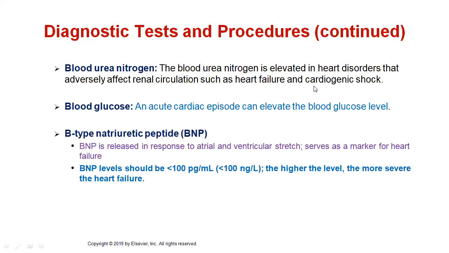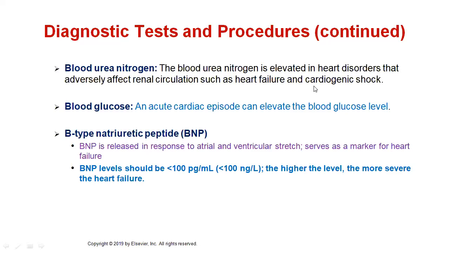Then we have to check the CBC, meaning hematological values like complete blood count, RBC, WBC, hemoglobin, and hematocrit. Then we go for serum electrolytes, what we finished a few minutes ago: sodium, potassium, calcium, magnesium, and phosphorus.